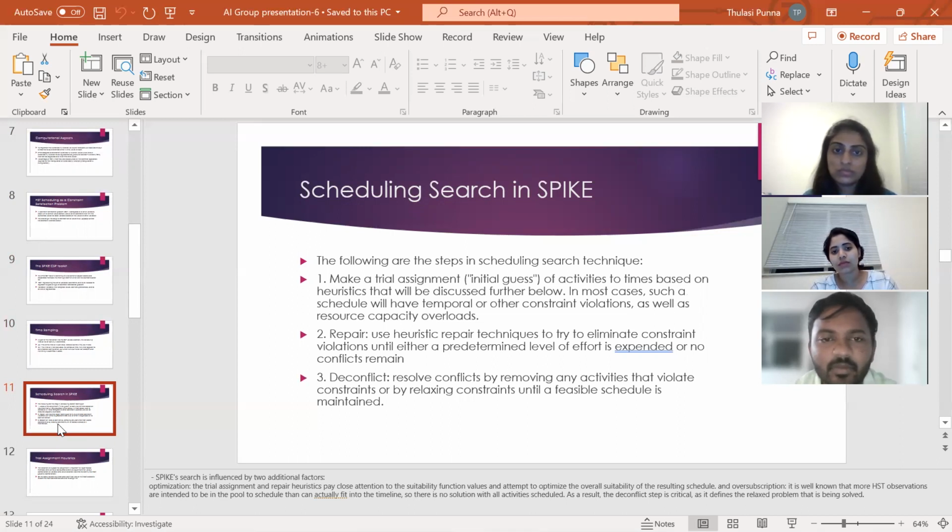In the second part, repair, we use heuristic repair techniques and try to eliminate the constraint violations until either a predetermined level of effort is expended or no conflicts remain. The third one is deconflict. Basically, we resolve the conflicts by removing any activities that violate constraints or by relaxing constraints until a feasible schedule is obtained.